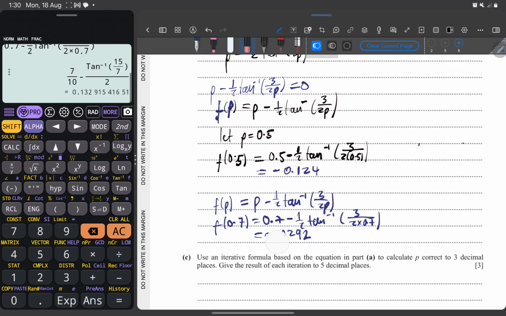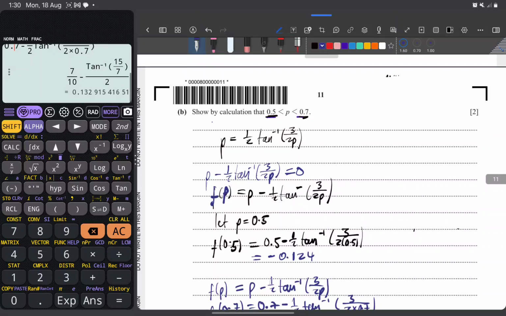Sorry for that. It is 0.1329. So 0.133 if you put it to 3 SF. So you can see that one is negative and one is positive, right? And because of this, you are going to be able to say that p is between these.